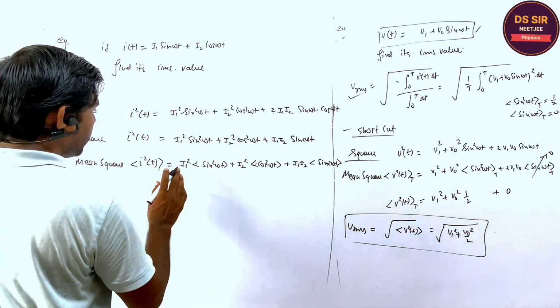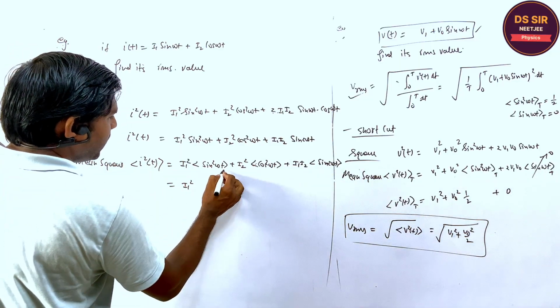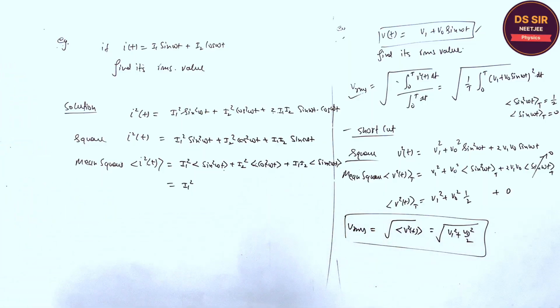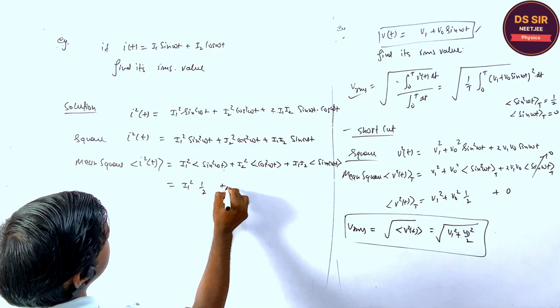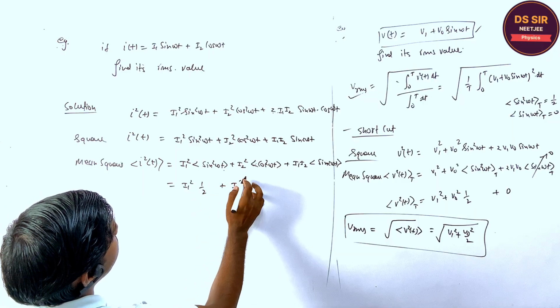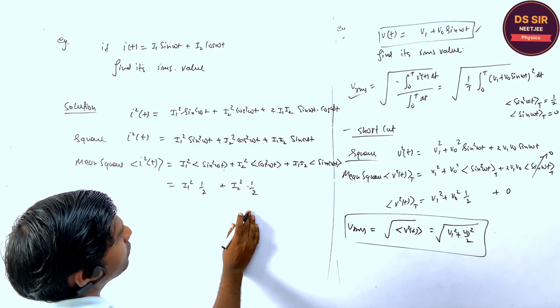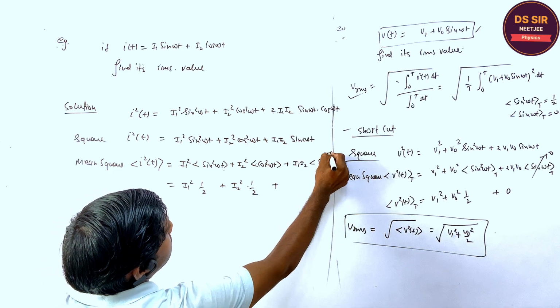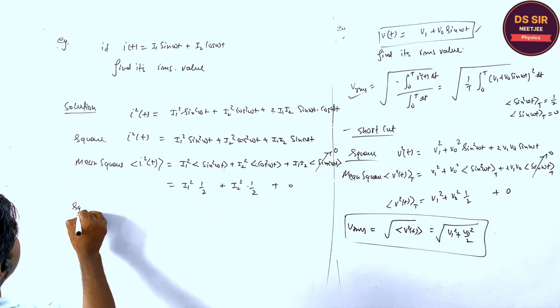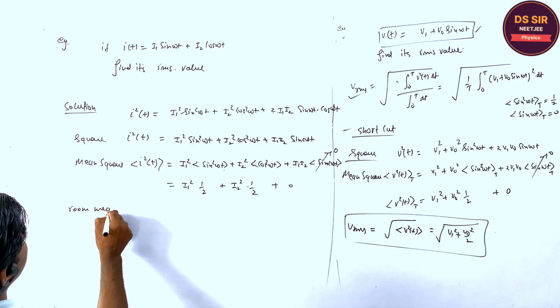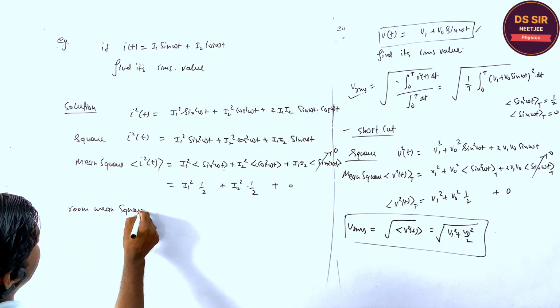And you are able to find the mean value of sin square omega t. Tell me, what is the mean value? 1 by 2. And the mean value of cos square omega t? 1 by 2. And what is the mean value of this? Say 0. So this is the mean value. So what is the root mean square value?